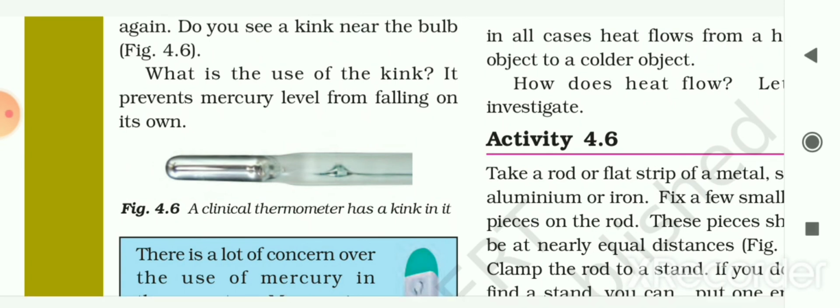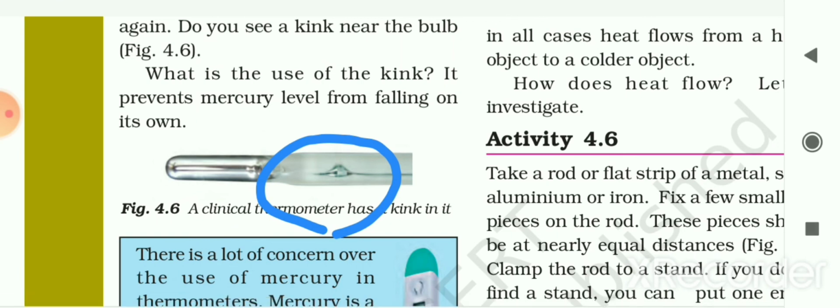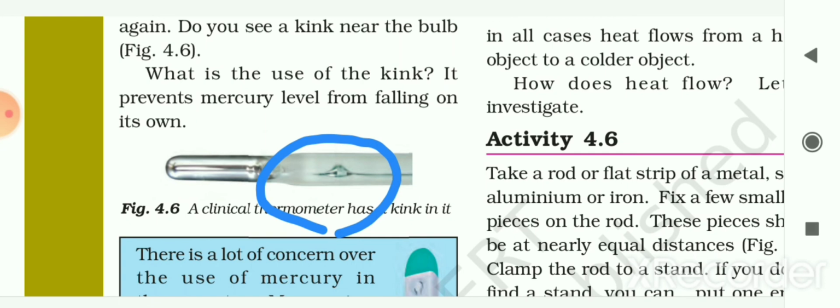It prevents the mercury level from falling down on its own. Here in the figure, this one is the kink, and it prevents the mercury level from falling. That's why we note our temperature after taking the thermometer out of our mouth.